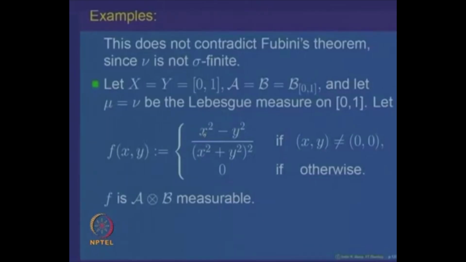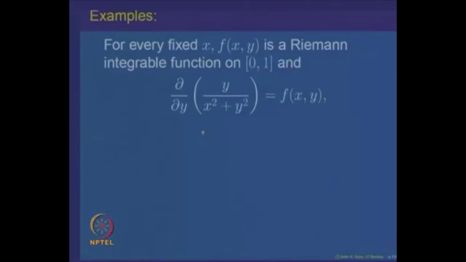So, it is going to be a Riemann integrable function of y, and if you look at the integrand, it is the derivative of the function y divided by x square plus y square. So, the partial derivative of the function y divided by (x square plus y square) is equal to f(x, y). So, I know the antiderivative of this function for every fixed x, so I can integrate it out with respect to the variable y.